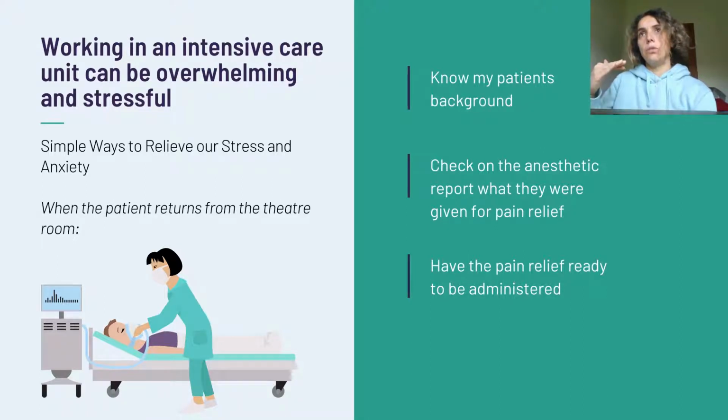When I have the anesthetic records in my hand, I like to read what pain relief was given. I also like to have pain relief ready to be administered to the patient. Having things prepared in the intensive care unit helps minimize stress and anxiety, and it is useful for me.